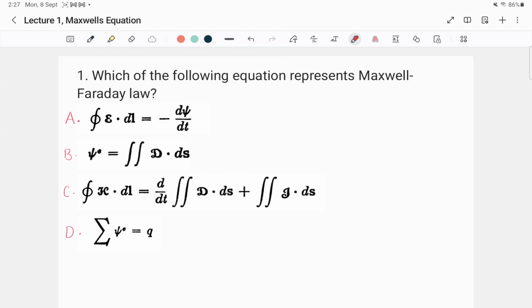Then you come to the conclusion which Maxwell's equation represents Faraday law. Please write down in the comment section what is the correct answer for question number 1.